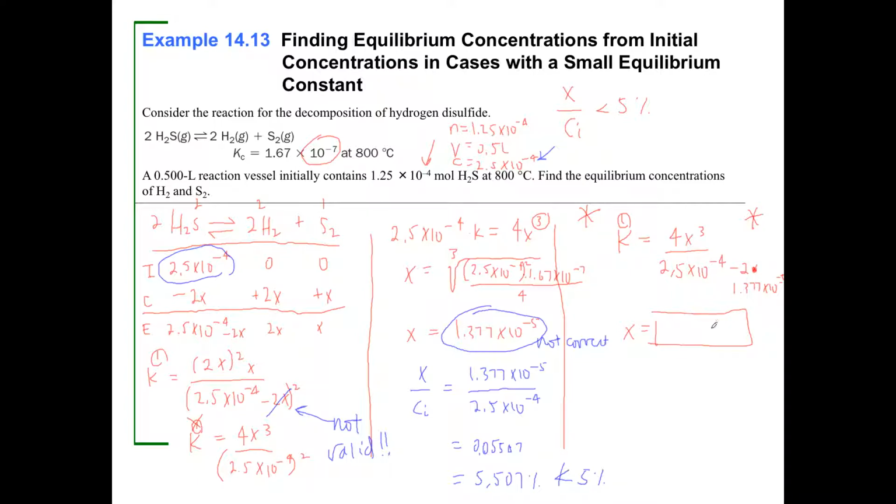Find that x, and when that's the case, the concentration of H2 is going to be 2x, and the concentration of S2 is going to be x. All right. I know that's going to be a little unsatisfying to you. I will happily work this out with you on request, but I would say that it's a little tedious, and I don't want to drag video watchers through this in a passive manner.